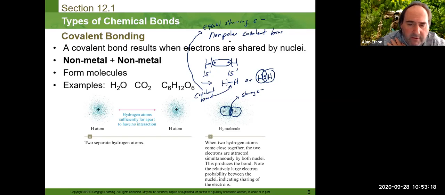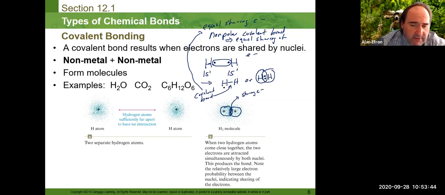So a nonpolar covalent bond is when we have equal sharing of electrons. You would definitely expect that when we are dealing with something like H2, where both are sharing those electrons pretty much equally with each other. In fact, this is sometimes referred to as a pure covalent bond.